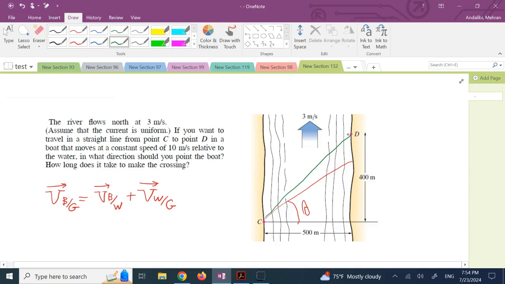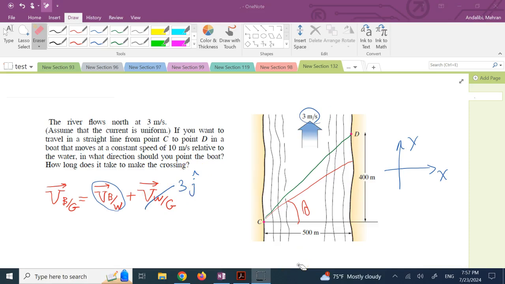So let's see from each one of these vectors, what is it that we know and what is it that we don't know. And here we use the traditional xy to represent the east and the north. So velocity of the water with respect to the ground is clear. That's 3 and it is upward, so this guy is 3 times j.